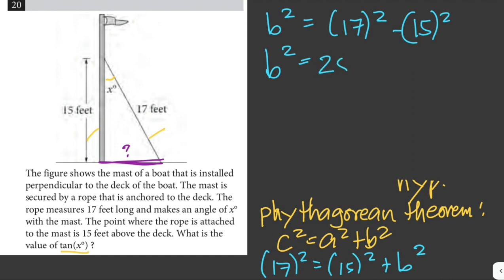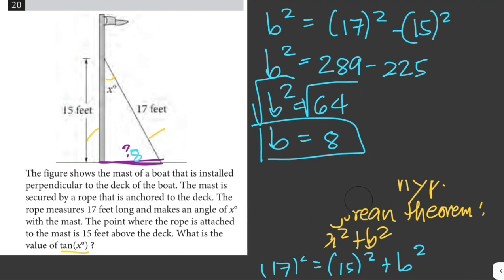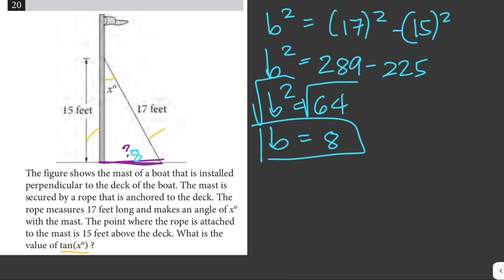We have 289 minus 225. So it gives us 64, and then we take the square root of both sides. So the other side is just equal to 8. So the value of this is 8. So now we can solve for tangent x degrees.